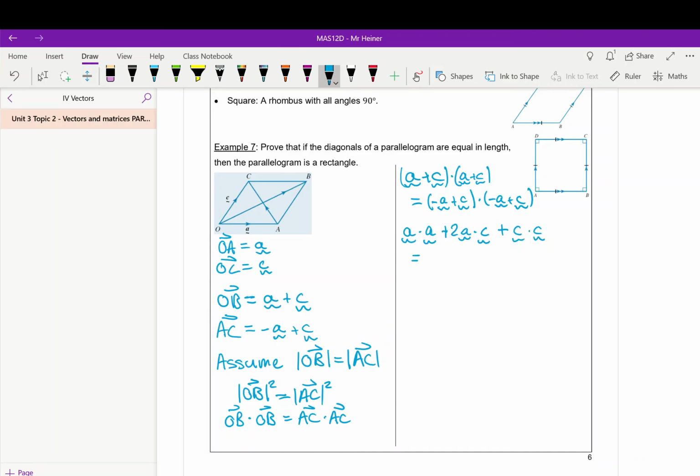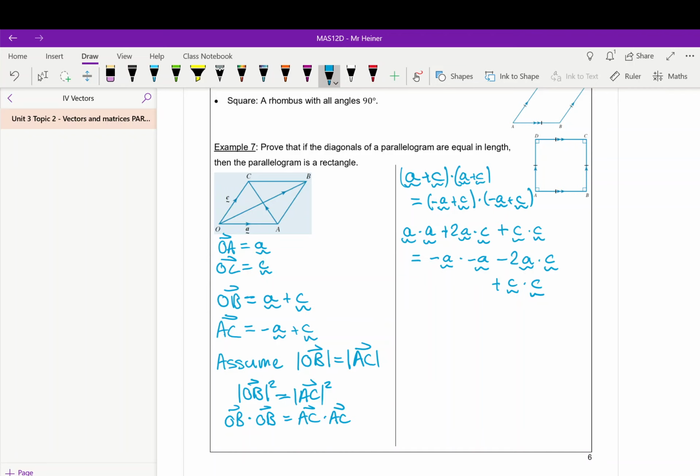And we've got on the right-hand side, negative a dot negative a, we've got minus 2a dot c, and we have plus c dot c. So we can see we've got some cancellation happening here.